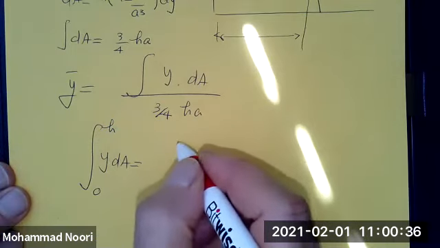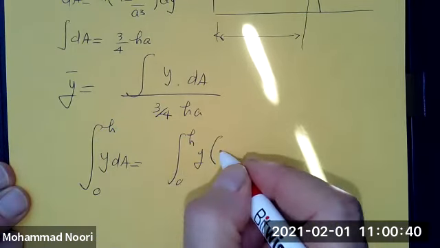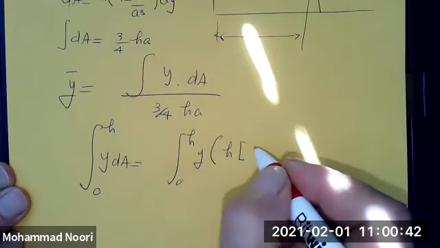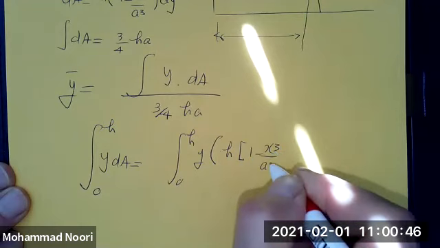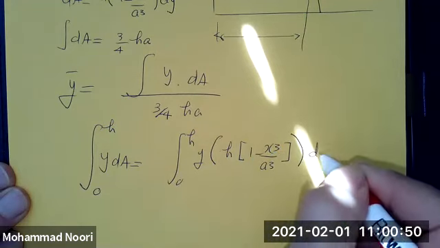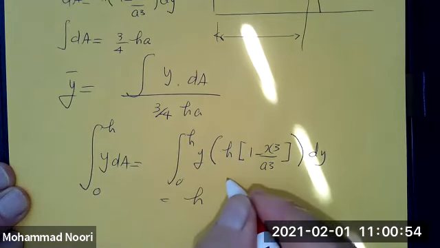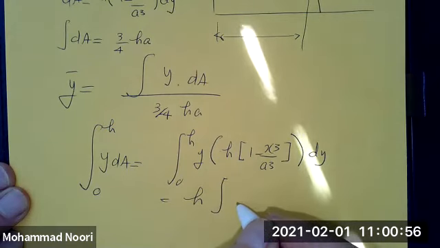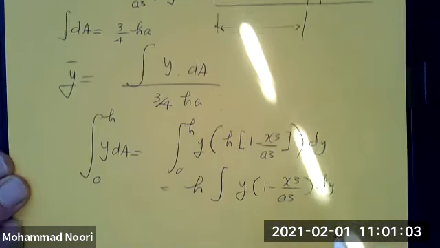That would be the integral from 0 to h of y times h times 1 minus x cubed over a cubed dy. So we can simplify this: h times the integral of y times 1 minus x cubed over a cubed dy.